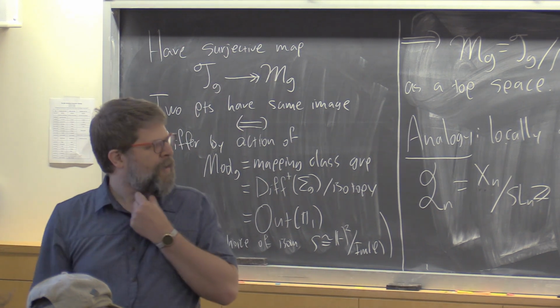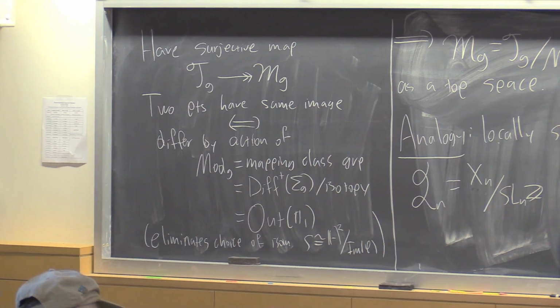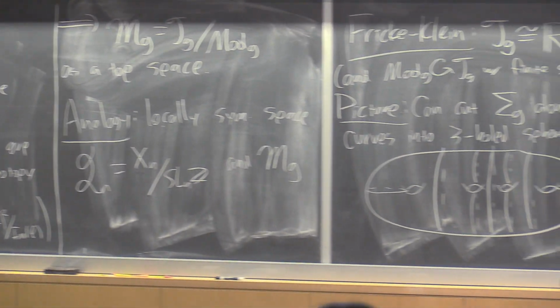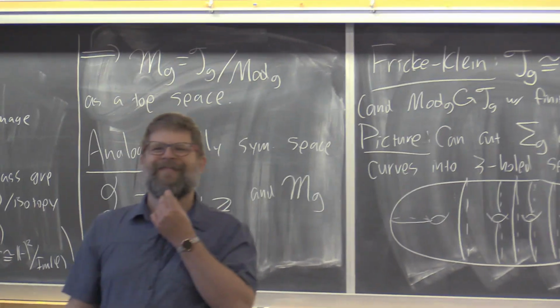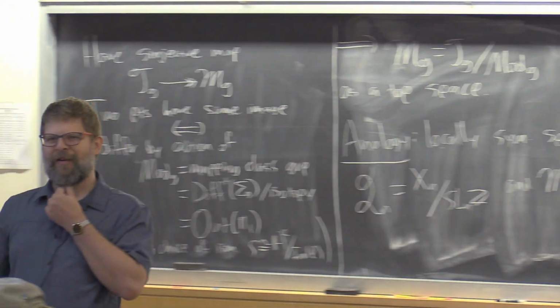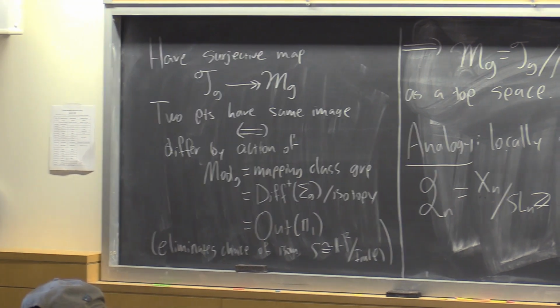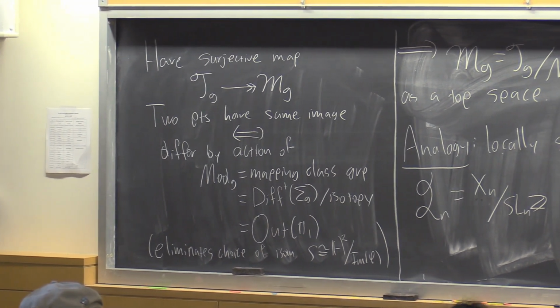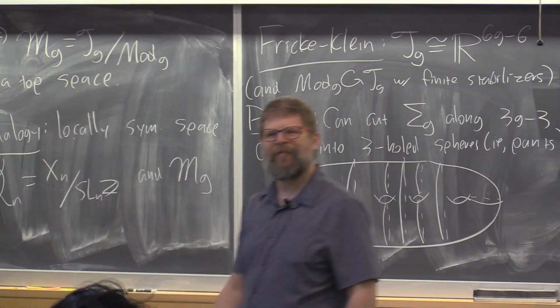For the gluing parameters, it's more complicated. This is how Fenchel and Nielsen studied the representation variety, but what they did was much more complicated.